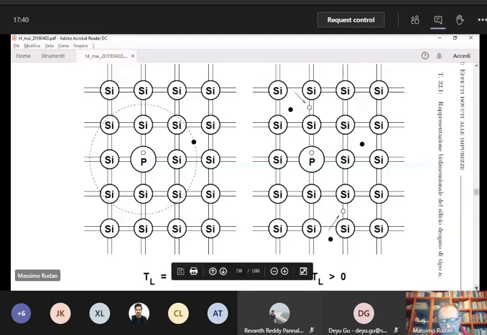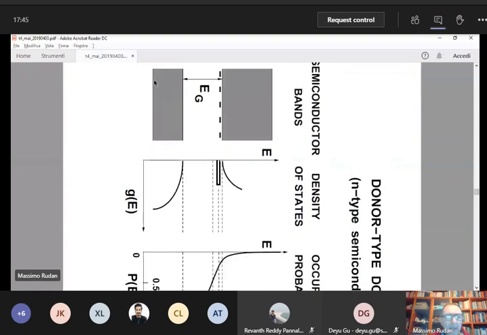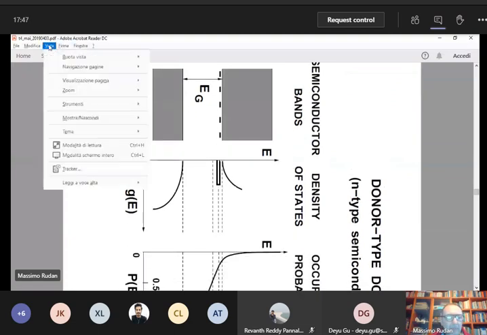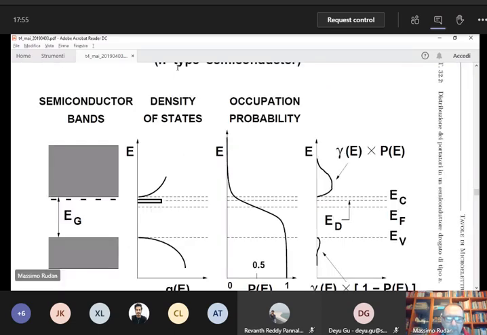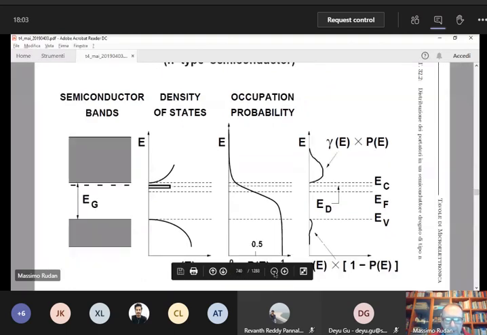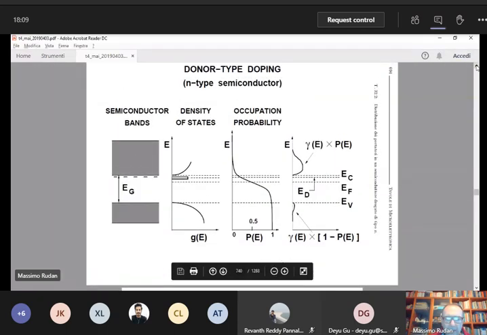So in the next page, you can see the structure of the energies in the case of a N-type or donor type material.